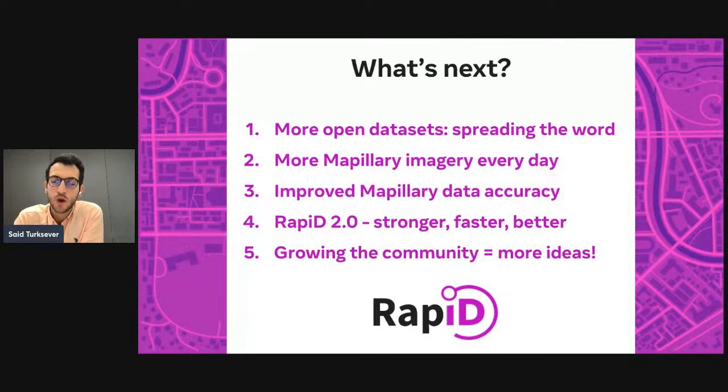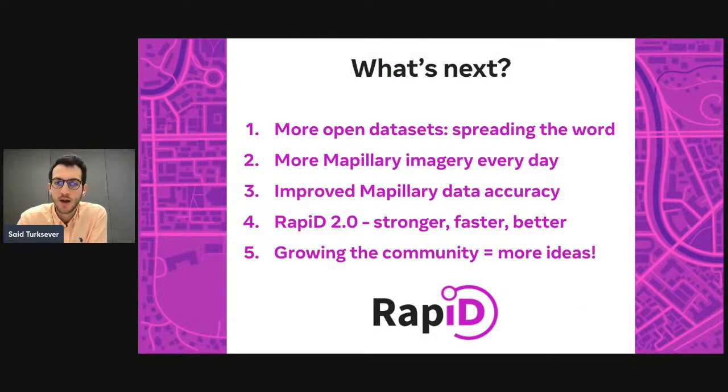We are working on Rapid 2.0, which has better performance for loading map data, because when you're browsing a certain area, if the area has too much map data, it takes a long time to load, and especially if you are panning around, the performance wasn't really good. So we are working on Rapid 2.0, which is a flawless experience for mapping faster and better.